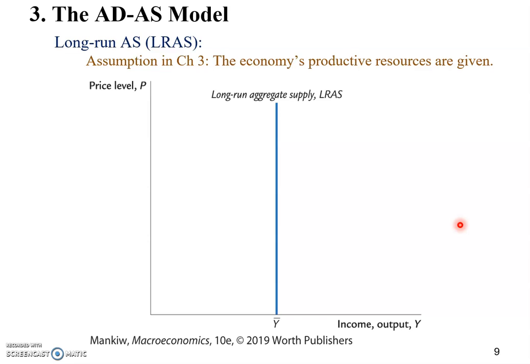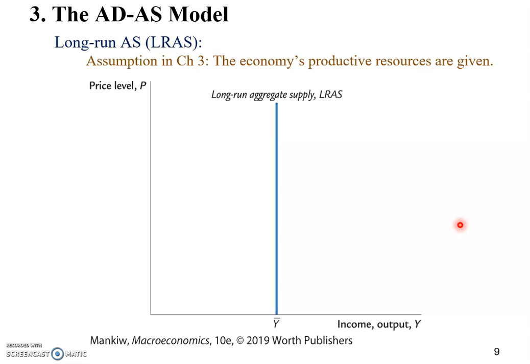Based upon what we already discussed, put the AD and short-run aggregate supply curve on the graph, and then add the LRAS, long-run aggregate supply curve, to that graph. See where you are going to put the LRAS, and how you are going to make sense of the graph you make. Now you can go ahead and do that.